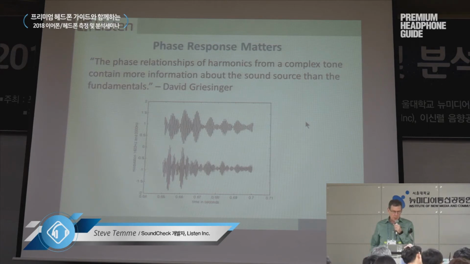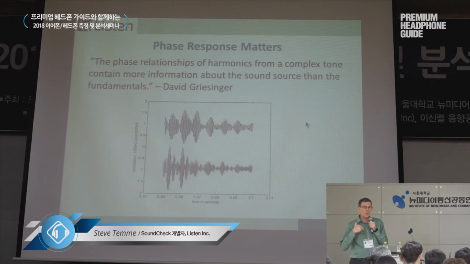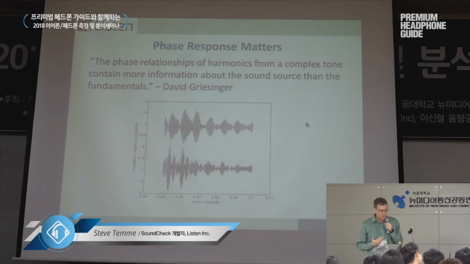But the more I thought about it, the more it started to make sense. Music is full of harmonics. If the harmonics are not reproduced by a phase linear system, they will affect the crest factor of the signal. If the second harmonic is at a different phase than the third harmonic, and so on and so forth, we are definitely changing the time waveform.